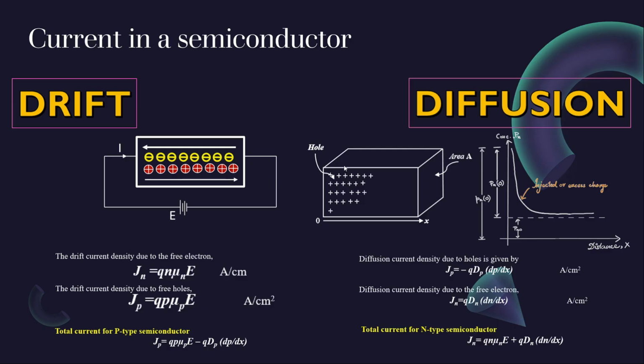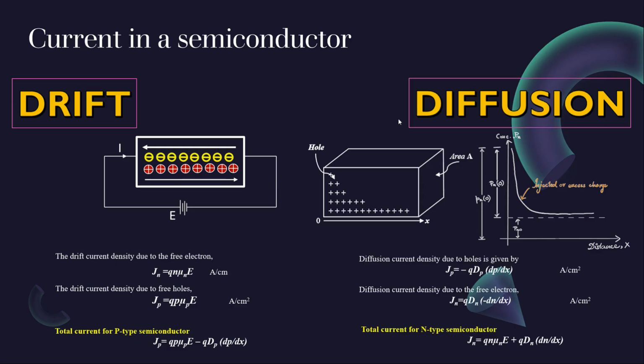The concentration gradient is high at this end and lower at the remaining end. So the holes will move from the higher concentration to the lower concentration, and it will form a structure like this. This movement is called the diffusion current.